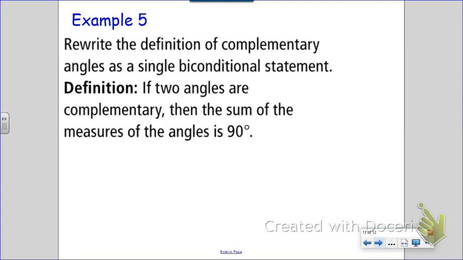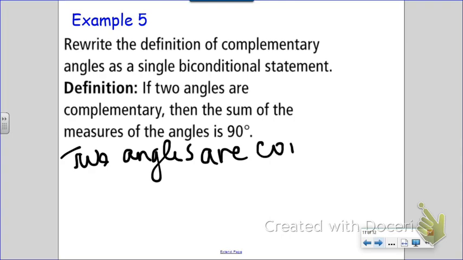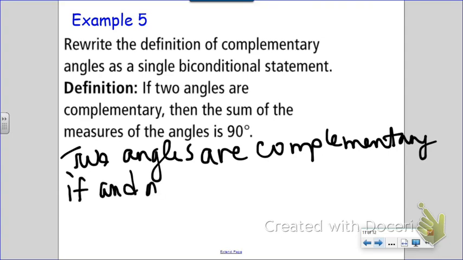So our biconditional statement would say two angles are complementary if and only if the sum is 90.